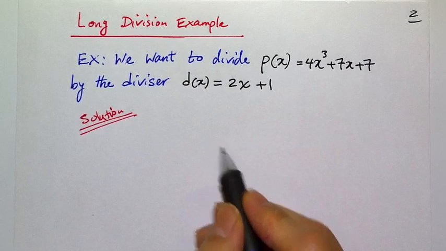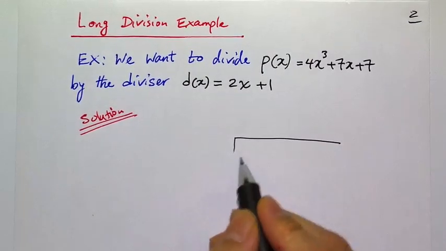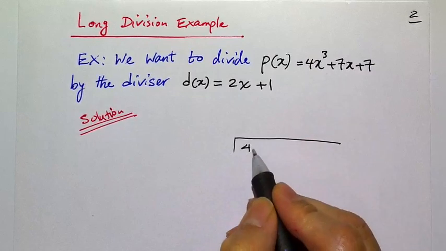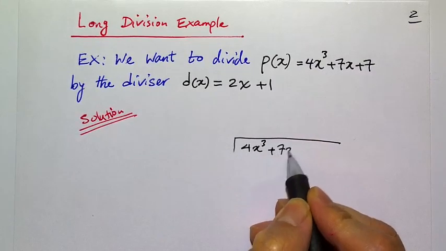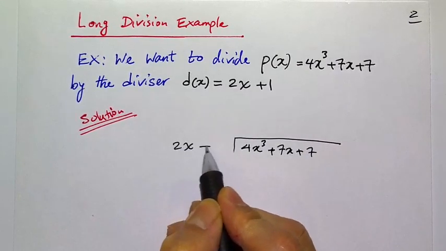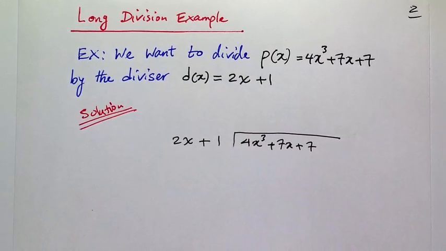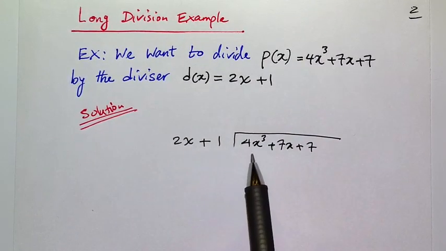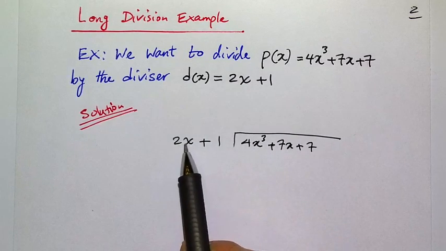So here we set up this long division like that, and we have this polynomial divided by this. The first thing we do is look at the first terms in the polynomial that we're dividing and in the divisor.